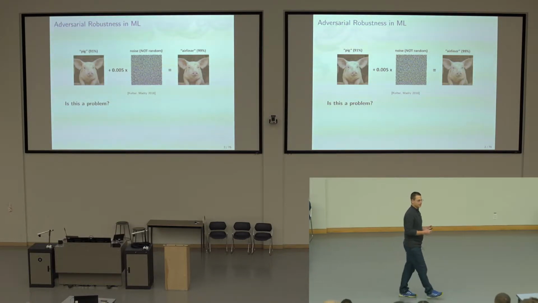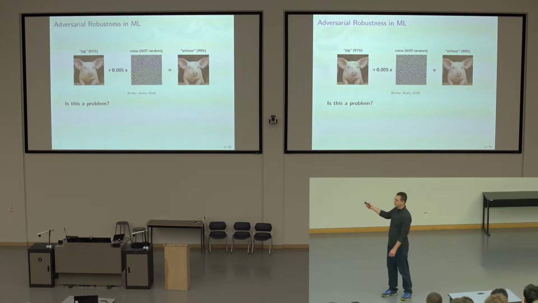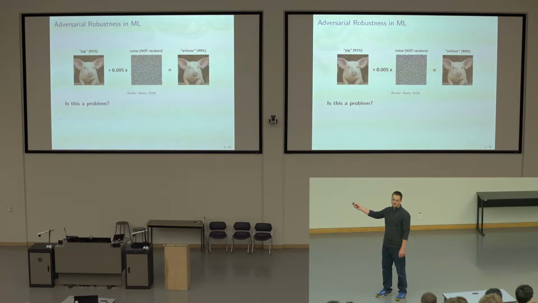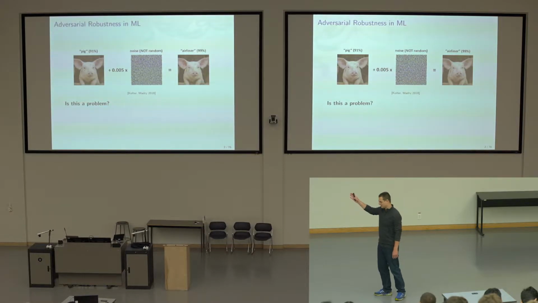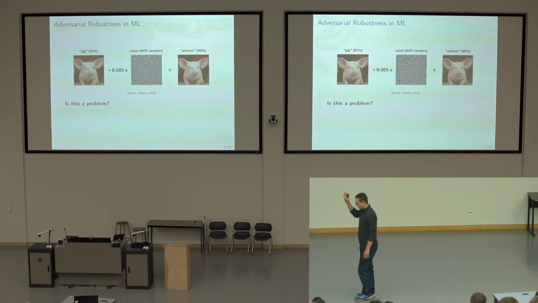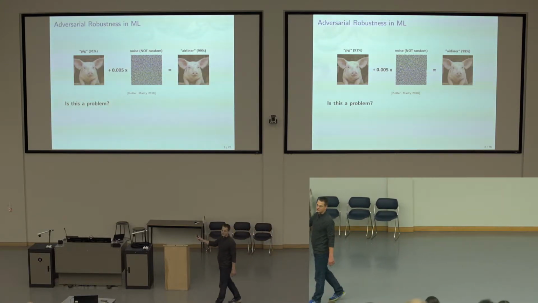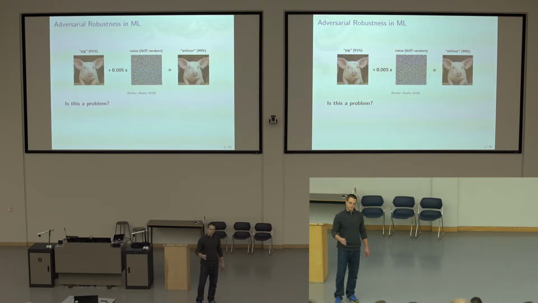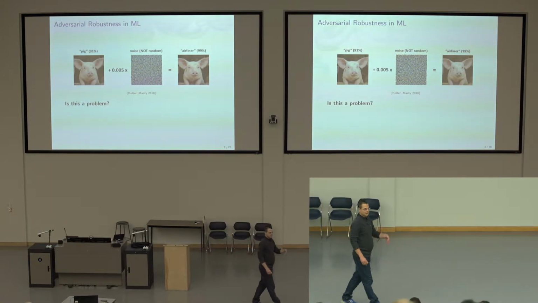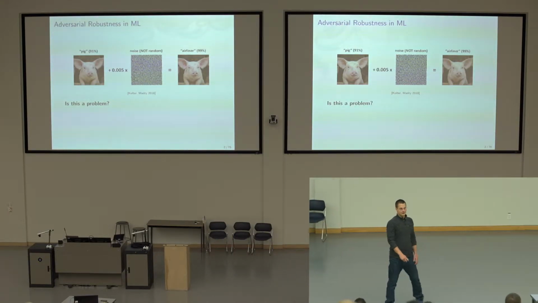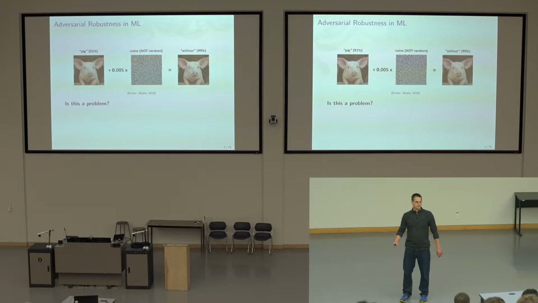We need to worry about adversaries adding a little bit of noise to our data, which could be adding noise to a picture in medical imaging. It can be as simple as adding a sticker to a stop sign, and now your autonomous car is not going to think it's a stop sign. It's going to think it's a 90 miles per hour speed limit. All right? Any other issues?